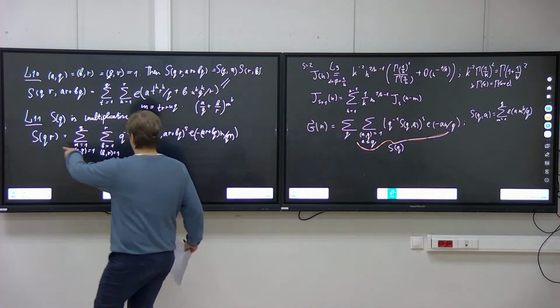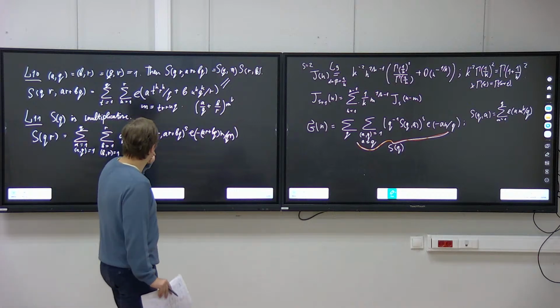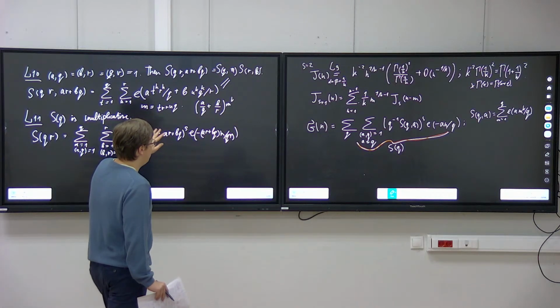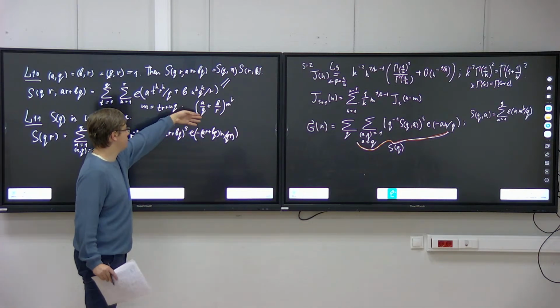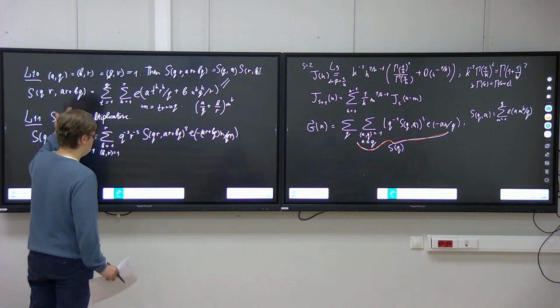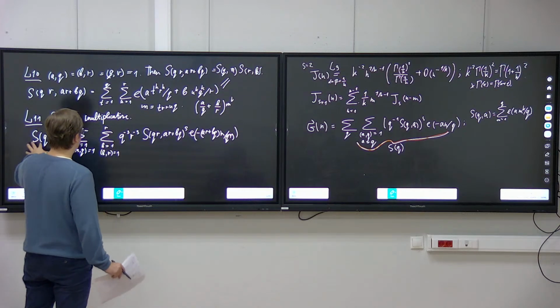And if you write S_QR, we will get such a sequence, and here AR plus BQ, as in the previous case, runs over all residues modulo QR.